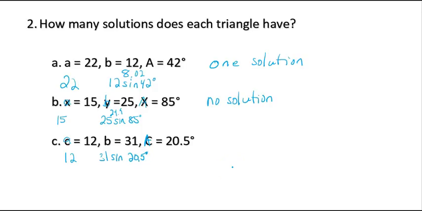And when I type that in, 31 sine 20.5, I get 10.8. That means our A is bigger, and again I'm following the bottom path off of there, and I have to go to another block that compares my A and my B. The A is 12, the B is 31, so the A is smaller, and if you follow that line, it goes to 2 solutions.